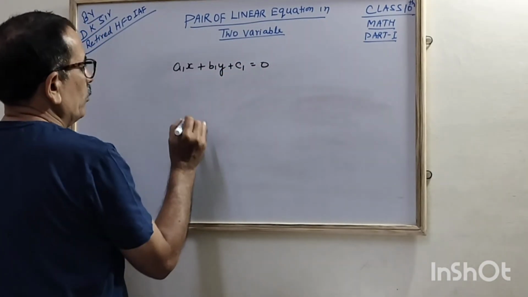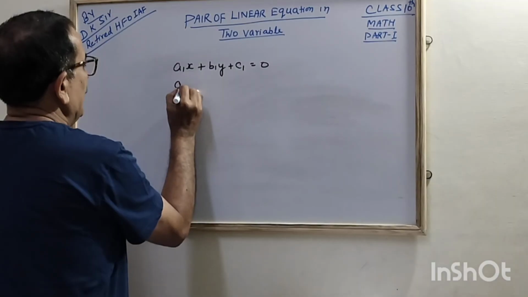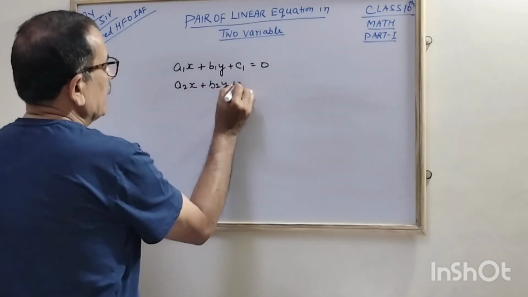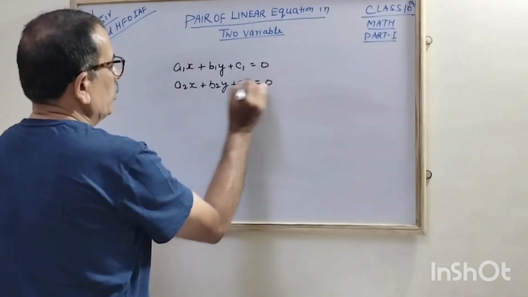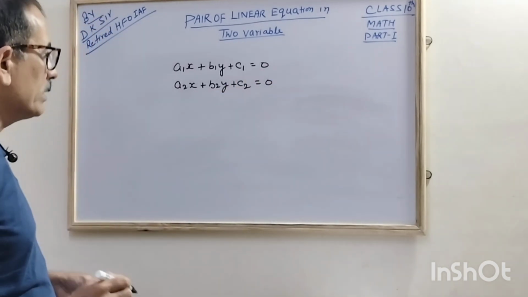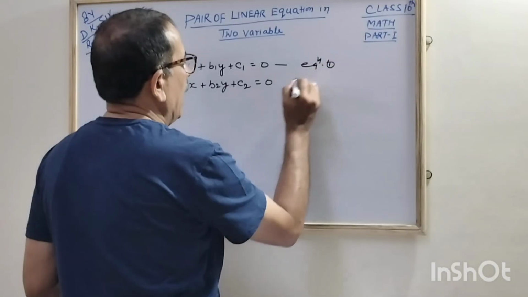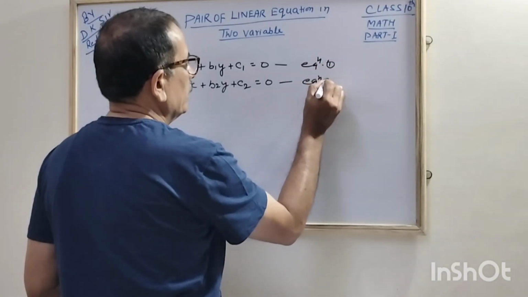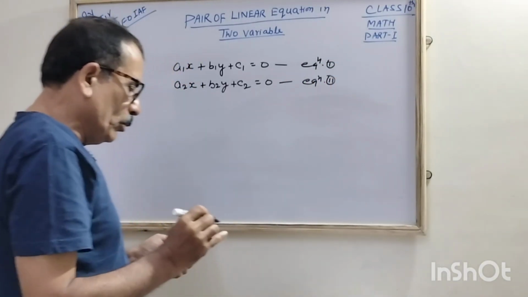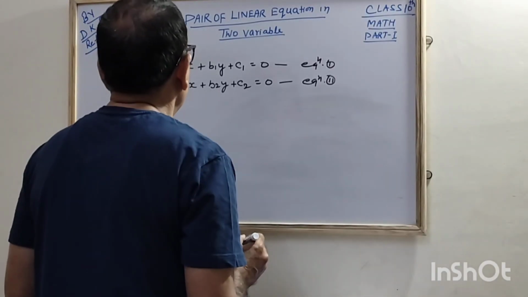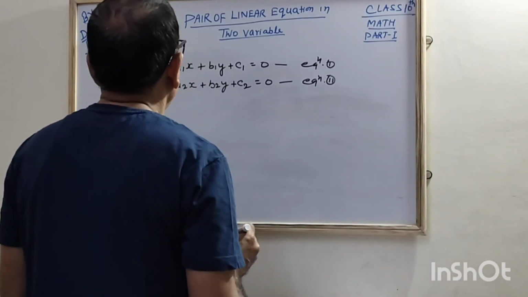The other equation we take is a2x + b2y + c2 = 0. We can call them equation 1 and equation 2, correct? There are two equations, and we call it a pair of equations. So these are the standard forms of the equations.